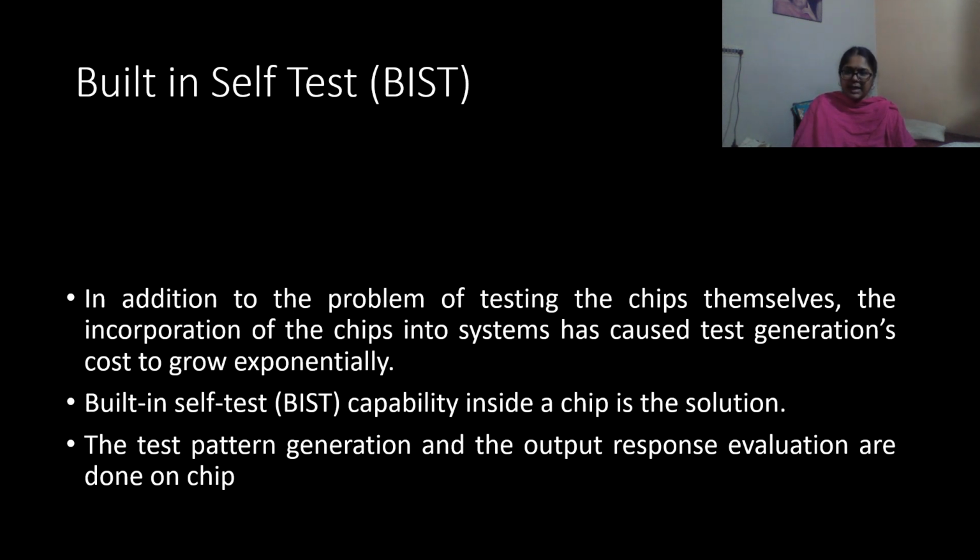On the other hand, in BIST, that is built-in self-test, the test pattern generation and output response evaluation are done on the chip itself. Thus, the use of expensive ATE, that is automatic test equipment machines, to test the chips can be avoided.